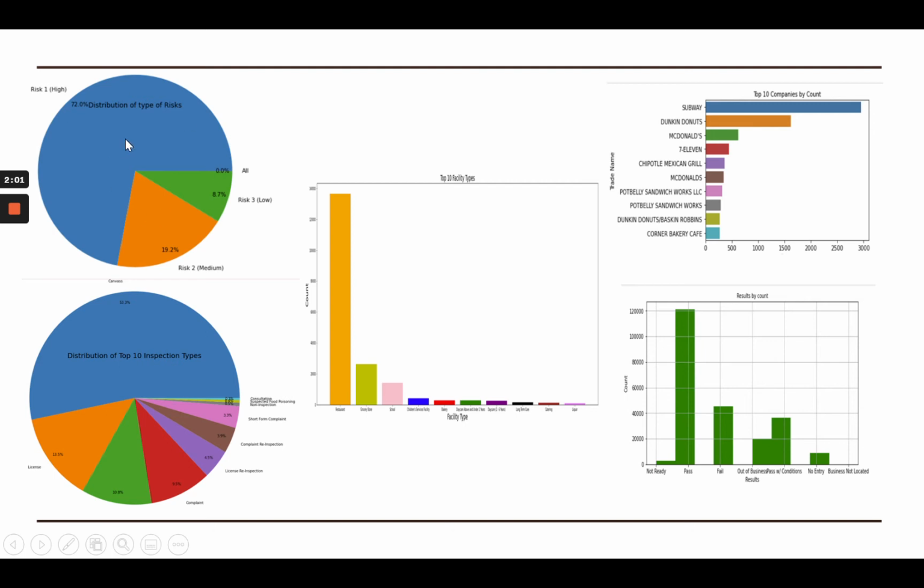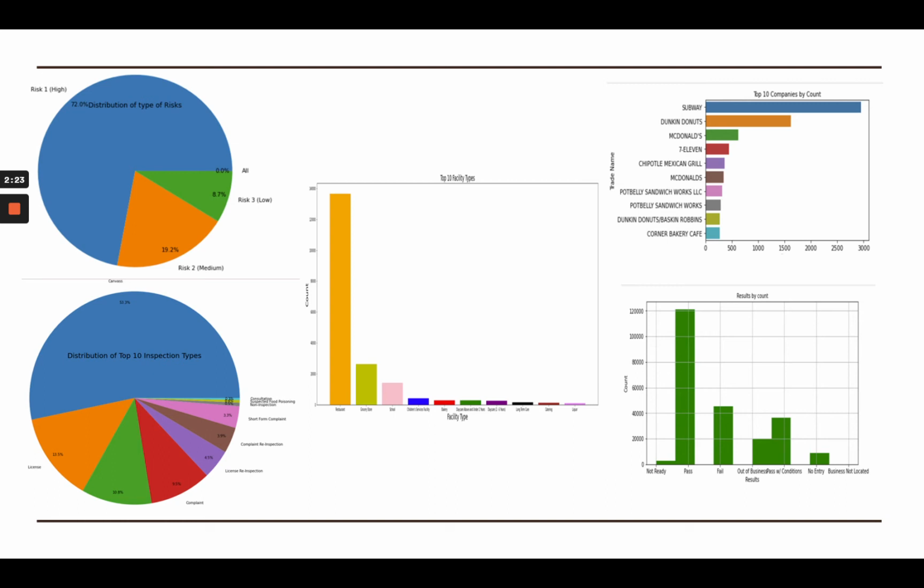So this is the first graph which I plotted using the risk column and the count of it. About 72% of them are high risk. The second one is the top 10 distribution of inspection types.